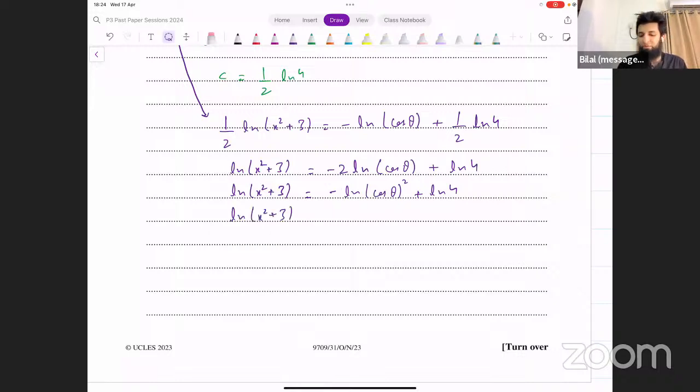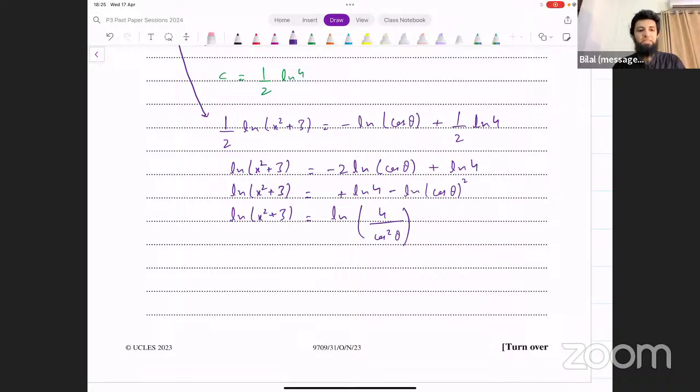it might make it easier for you to understand. If we rearrange this, we can write it like this: ln 4 minus ln of cos theta whole squared, right? So this is subtraction outside. We can write it as a single term as 4 over cos square theta using the division law of logarithms, okay?